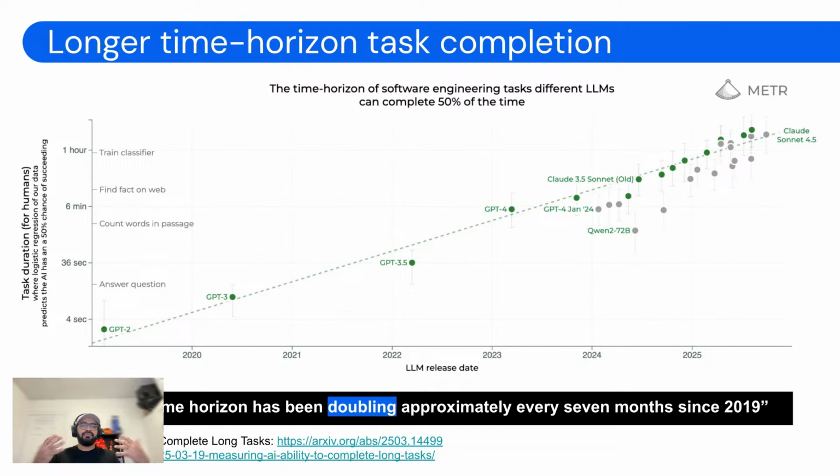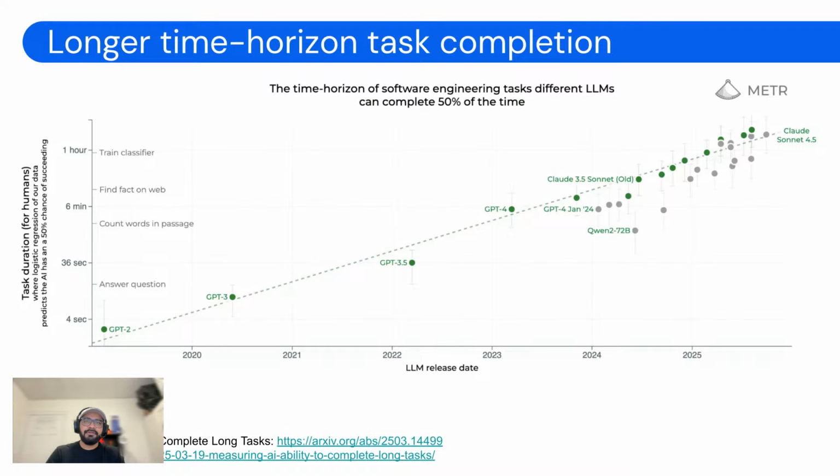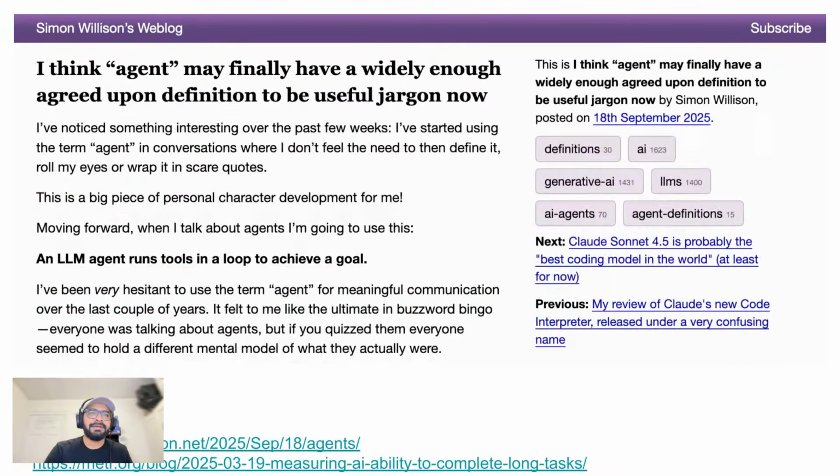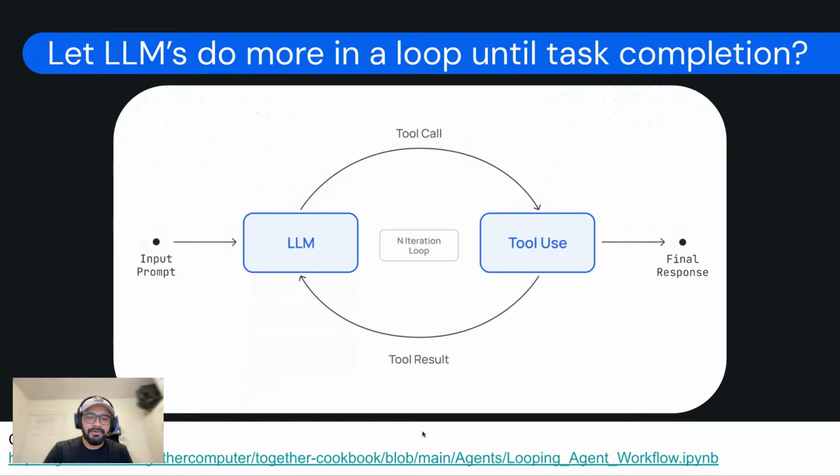Actually, if you go through that repo that I shared, the Together Cookbook repo, we've got an example of this in there. Let me just go back and show folks.